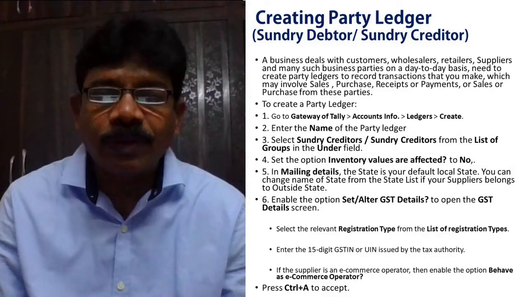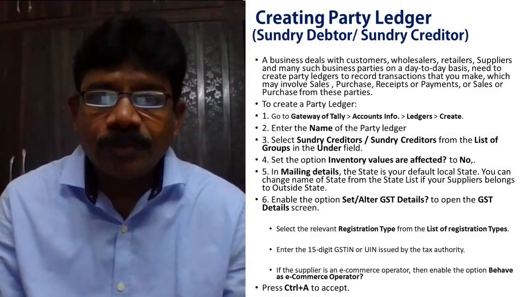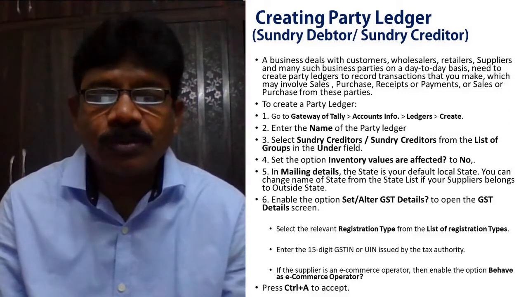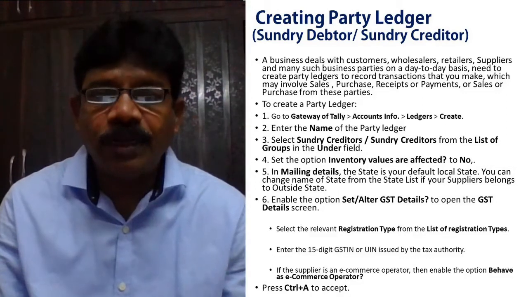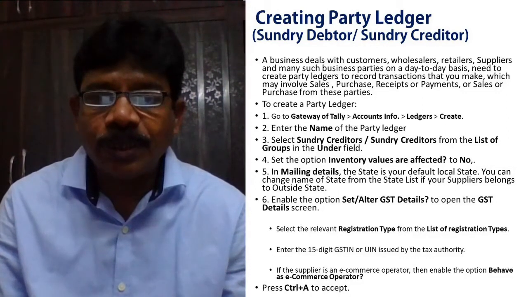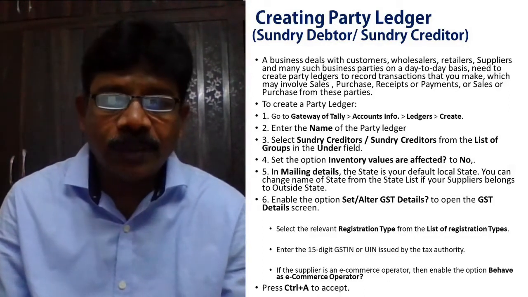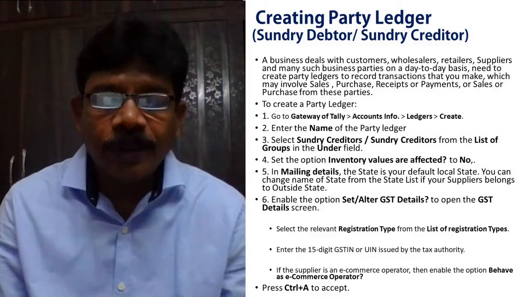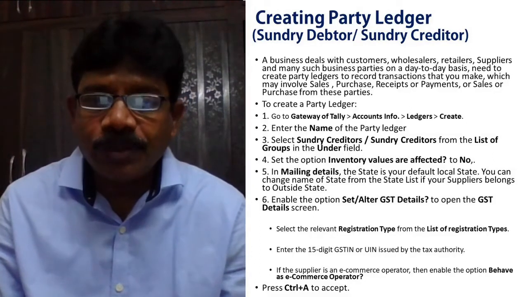If the supplier belongs to Telangana, select Telangana, and if the supplier belongs to outside the state, select the state he belongs to. Enable the option GST details to open the GST details screen, and select the registration type. Regular is there, composition is there; select which type he belongs to from the list of registration types.